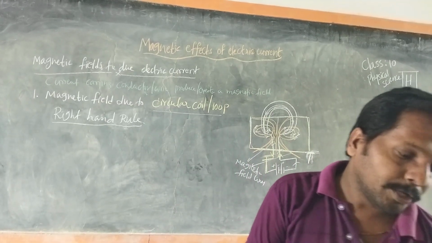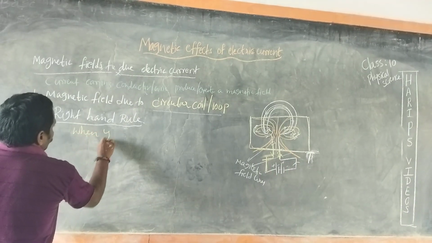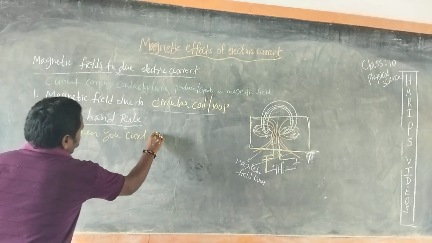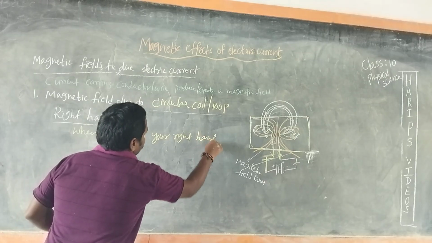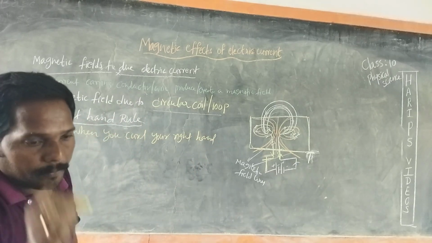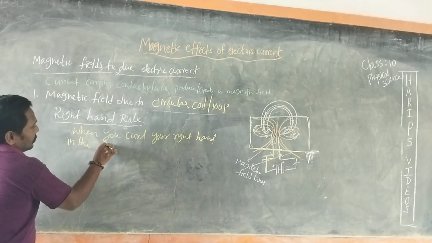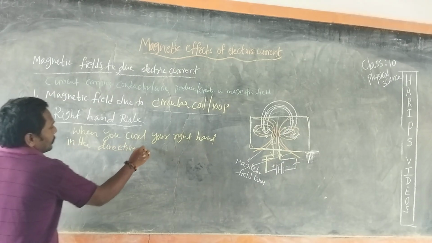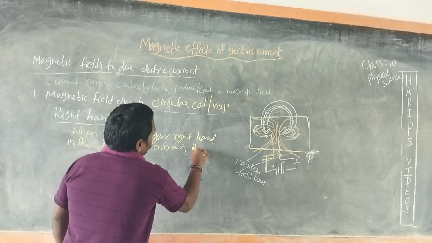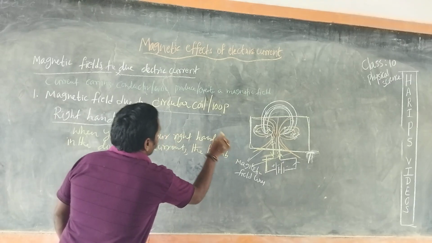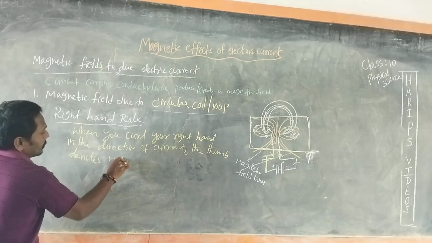When you curl your right hand in the direction of current, the thumb determines the magnetic field.